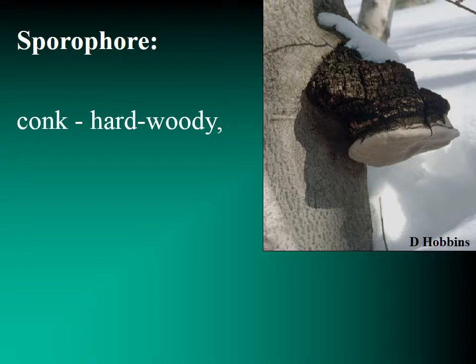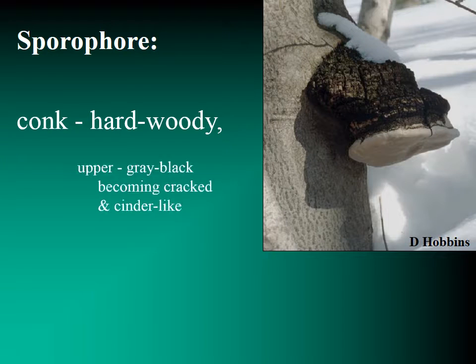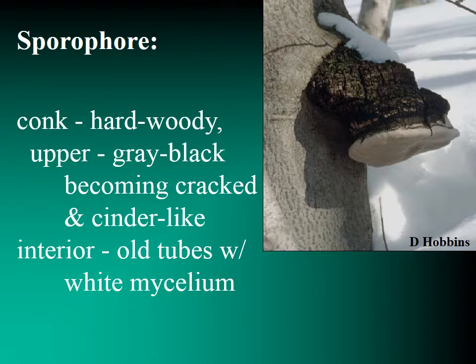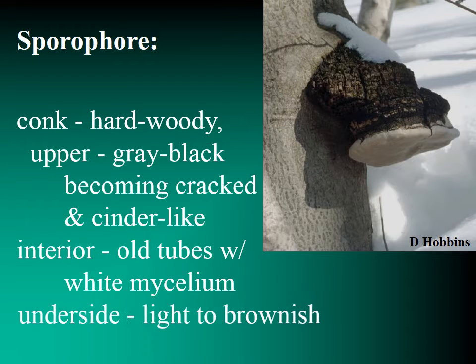The sporophore, this is the largest one I've ever seen. They can be very small or much smaller than this, a couple inches in size. This one was more like 8 inches in width. They're hard, woody, with a charcoal, cinder-like top, and then the underside is going to be white when it's fresh, and it will turn brown and darker as it ages.